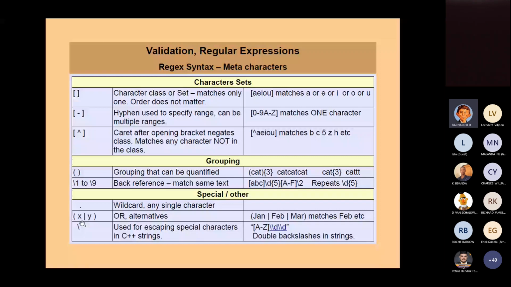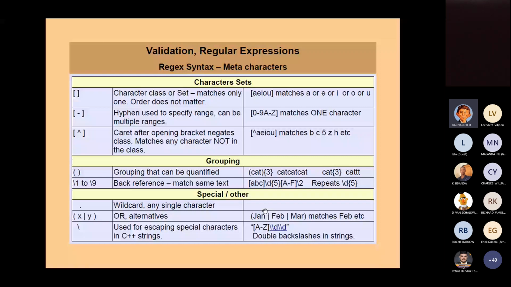Then using the pipe, as Morne pointed out to us, is an OR, and this one would match X or Y, or to match months, we have January, February, March, would match any one of those. And again, don't leave spaces in here. I've just done that to make it a bit more legible. If you leave spaces there, they will literally become part of your regular expression.